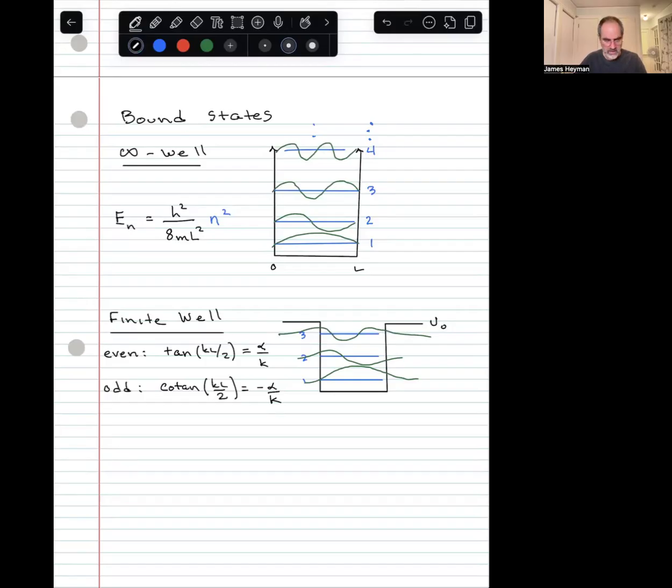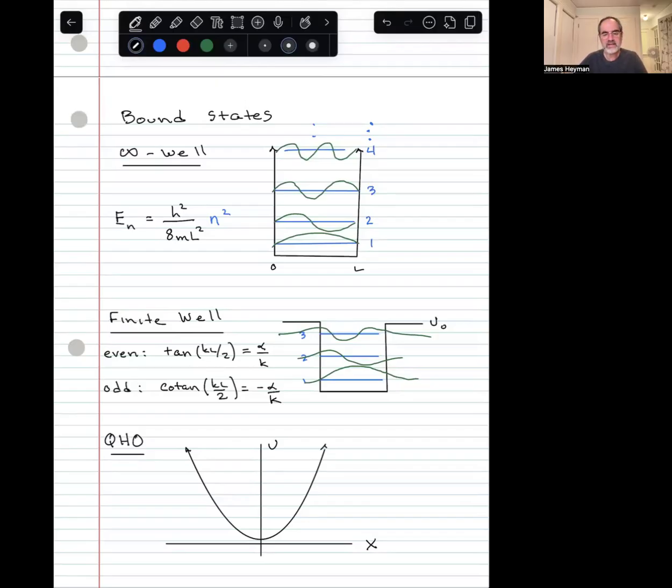Okay? All right. Well, the next thing we're going to do is to talk about the harmonic oscillator. In the harmonic oscillator, the potential looks like a parabola. Here, let me show you. So the potential looks something like this. It's shaped like a parabola.